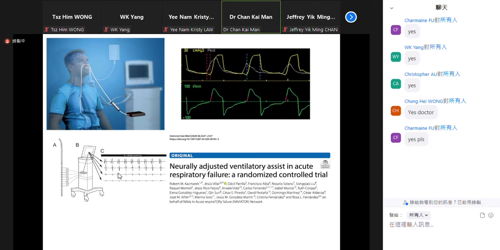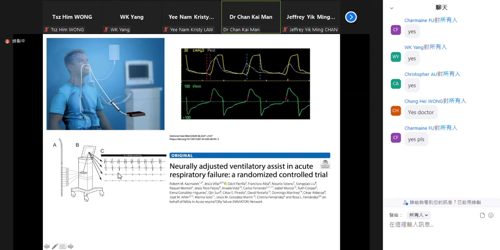Essentially it is a mode of ventilation that requires patient spontaneous effort, but the mode of ventilation is triggered by the diaphragmatic EMG, so as to optimize patients' breathing. As you can see, this mode of ventilation requires a special NG tube.